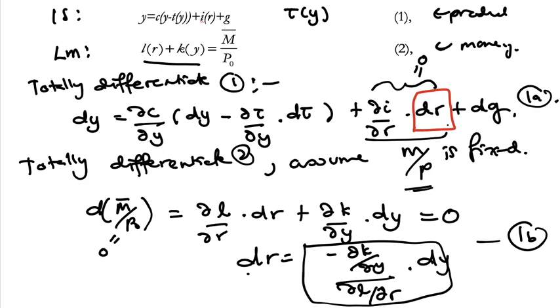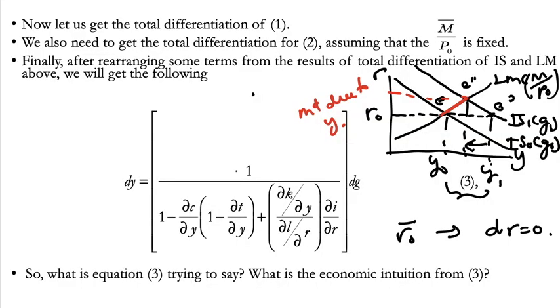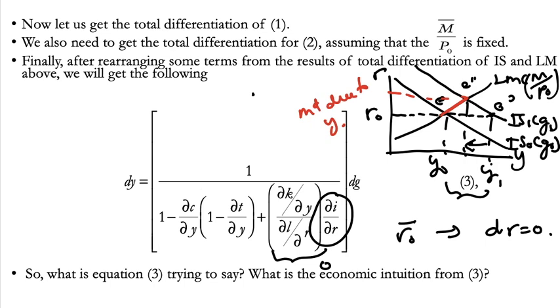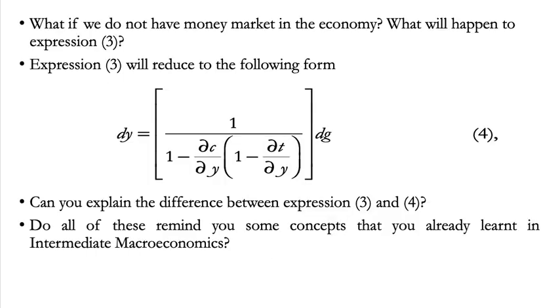When the whole thing here is 0, if you rearrange it, that means this thing will be 0, because no change in interest rate means investment is not affected by interest rate. And because of that, expression 3 that we have here will reduce to expression 4.